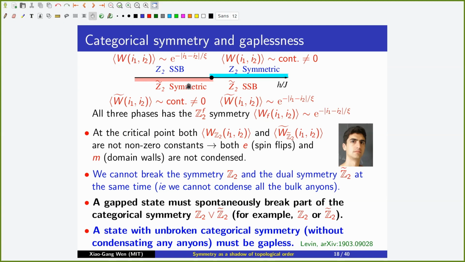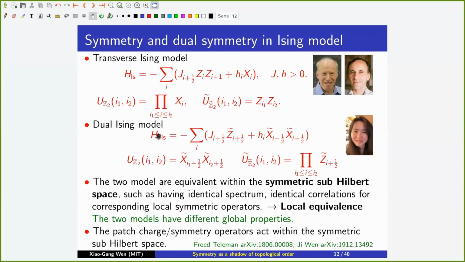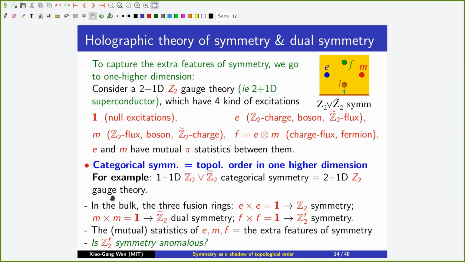Because in our story, in the duality story, these two models are really equivalent or identical only within the symmetric sub-Hilbert space. So we want to study the symmetric sub-Hilbert space, and it is only this symmetric sub-Hilbert space that is simulated by the one boundary of a bulk.